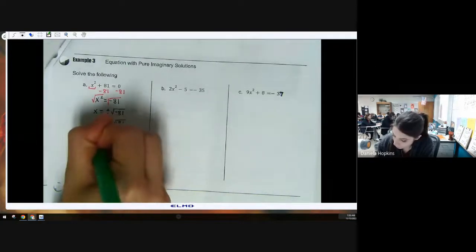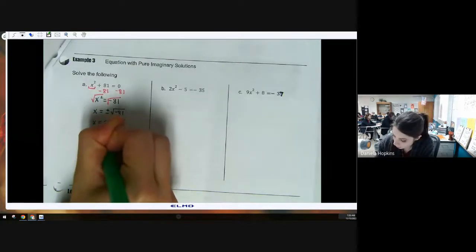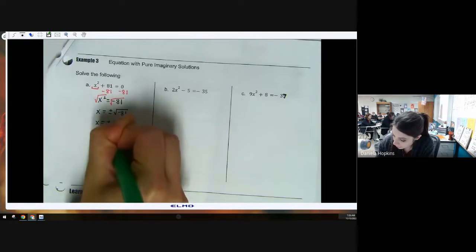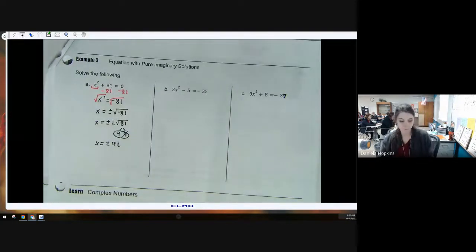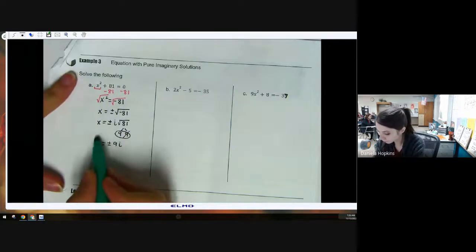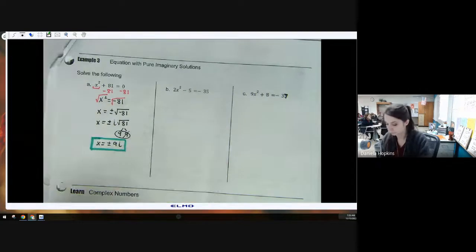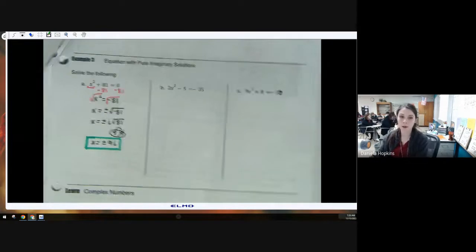One goes away, so the other one can escape from jail, and we have plus or minus 9i. Pretty nifty. What do we think? Doable, yes? Okay. Let's look at part B.